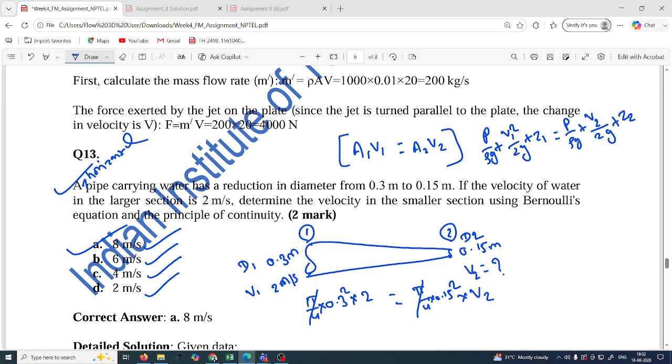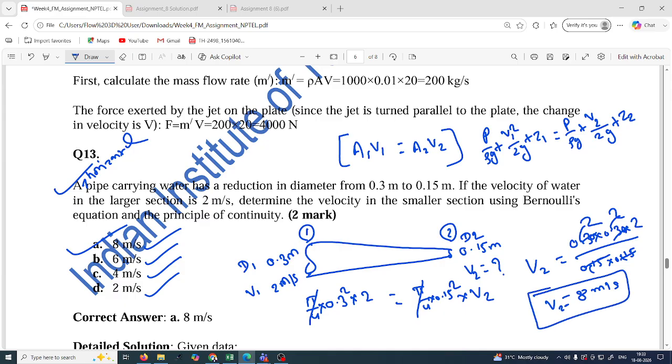So you will remain with V2 is equal to 0.3 into 0.3 into 2 divided by 0.15 into 0.15, or you can write 30 by 30 here. So this will cancel out. So 2 times 2 times 2, to the 4, to the 8 meter per second. So V2 is equal to 8 meter per second.